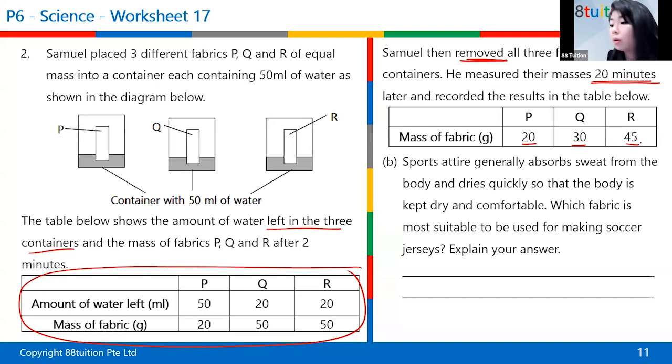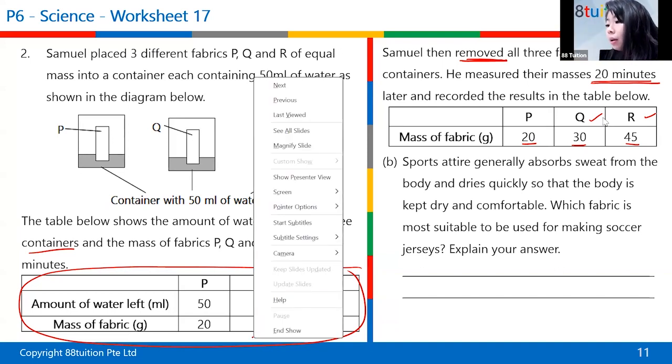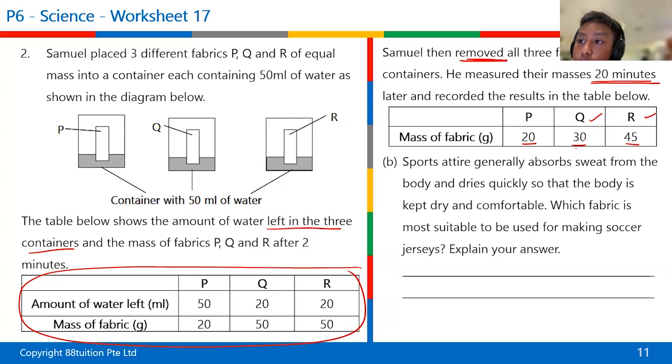Aiman, why did these 2 fabrics' mass decrease? The mass decreased because the fabric soaks up the water.